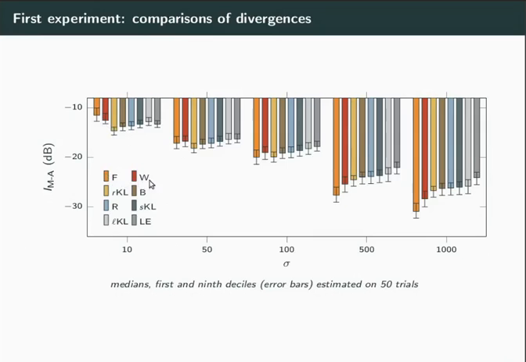We have the Frobenius, the Euclidean distance, and the Wasserstein distance, which perform poorly at low SNR but quite well at high SNR. And we have all the other distances, which have the same behavior for any value of the SNR. In particular, the right Kullback-Leibler measure performs very well on this data.